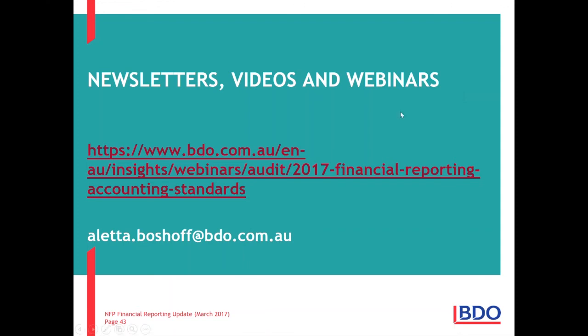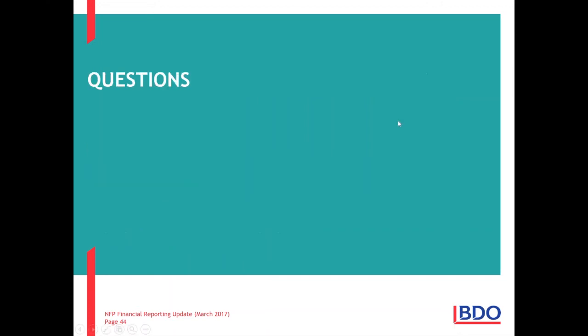And also, what are the requirements of 1058? And we've looked at a number of examples. Now, all these standards include a number of examples that you could look at, and it's available on the AASB website. We also do regular newsletters, videos, webinars that you can find there.